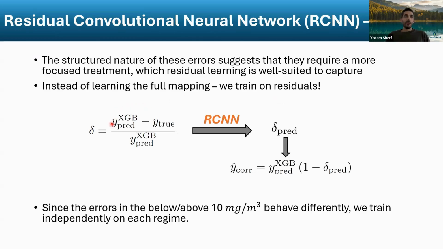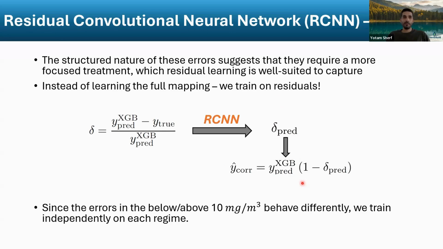So we train it on the normalized deviation of the prediction to the true value. And the output is the error, the prediction. And from the output, we corrected the XGBoost prediction by this formula.